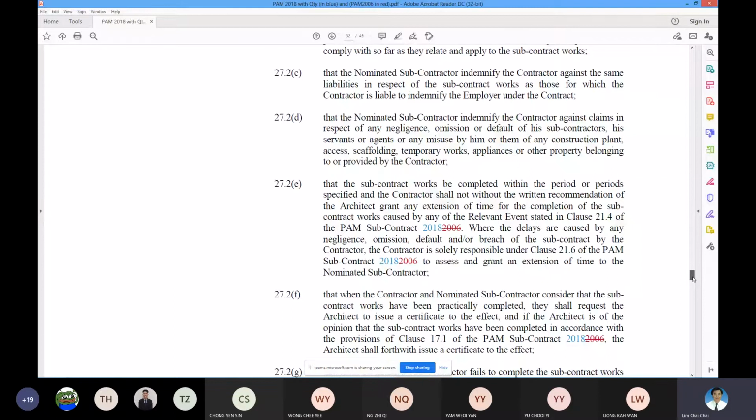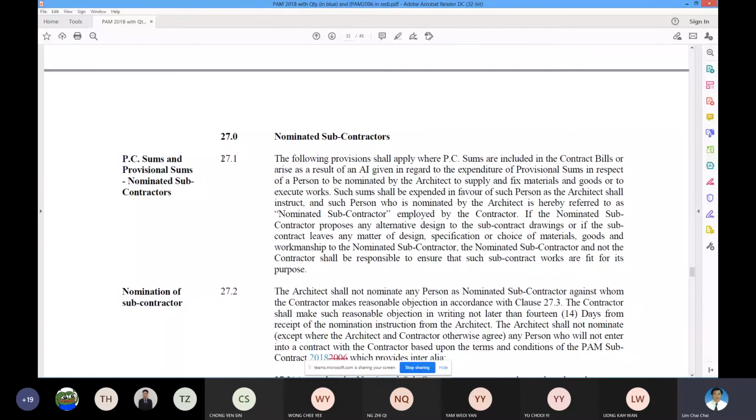So under 27.1, here it didn't show the design, but how NSCs come into being, you must understand first. So NSCs come into being when the document consists of the PC sum, prime cost sum, and also the provisional sum. From the provisional sum and prime cost sum, there's a possibility that the NSCs will be coming into the picture.